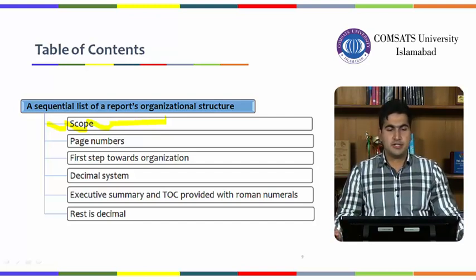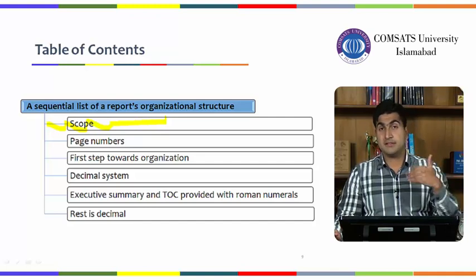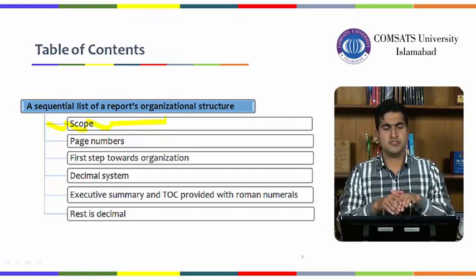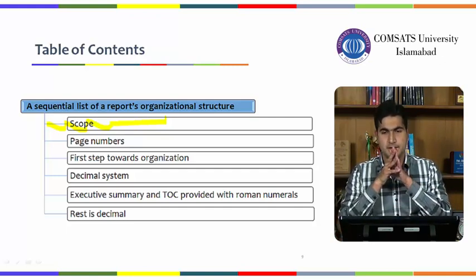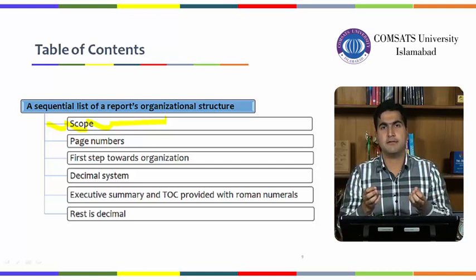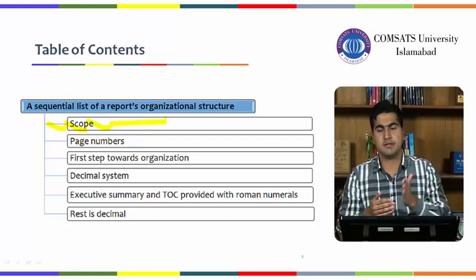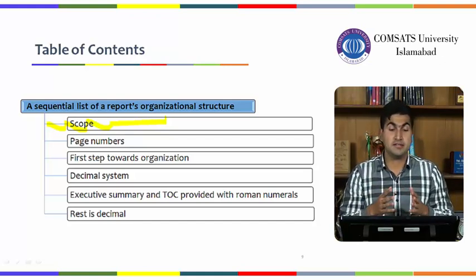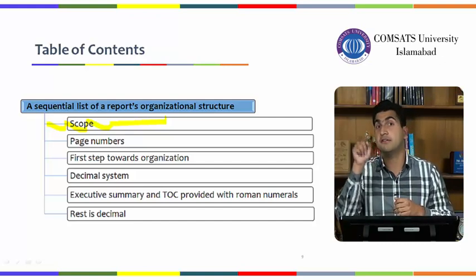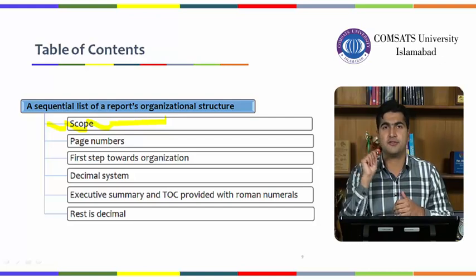Coming back to the discussion, the reason I talked about scope is that although the table of contents gives a boundary, and reflects the starting, the middle and the ending, the manner in which you have carried out the study, that scope, is basically written within the introductory section.